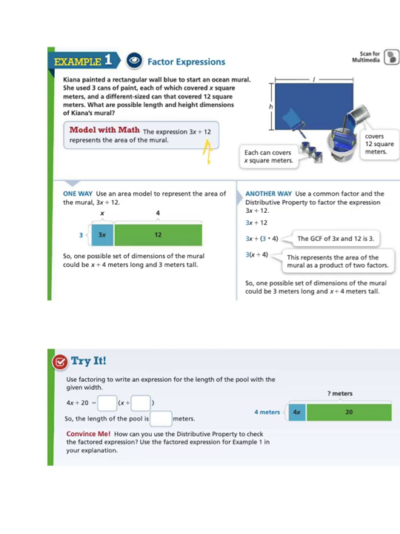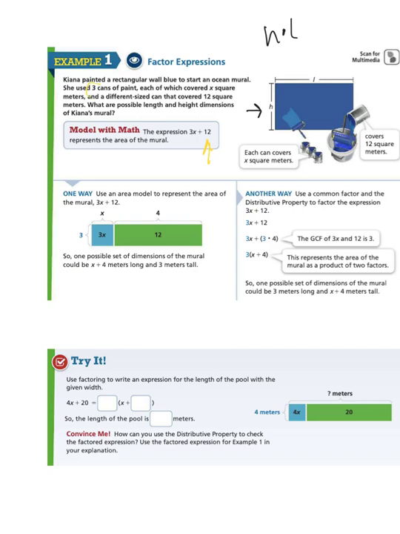Well, the reason they have 3x plus 12 is because they are taking the height times the width, or the length in this case. They are taking height times length. So they know that from the problem, she uses 3 cans of paint.